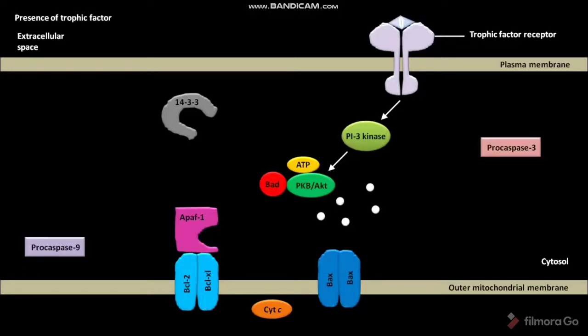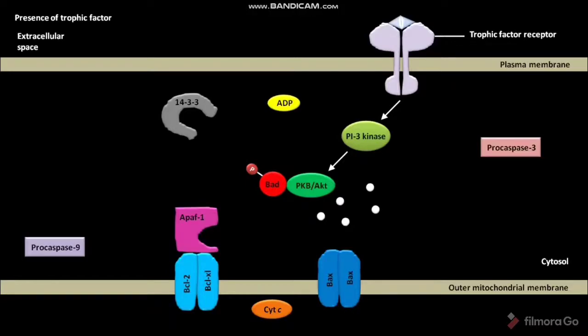This ATP is then converted into ADP and a phosphate group. The phosphate group is then added to the BAD. As a result, the BAD gets phosphorylated. The ADP then dissociates from the PKB or AKT.